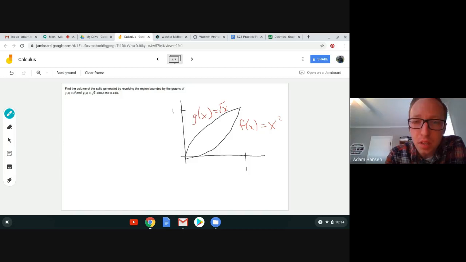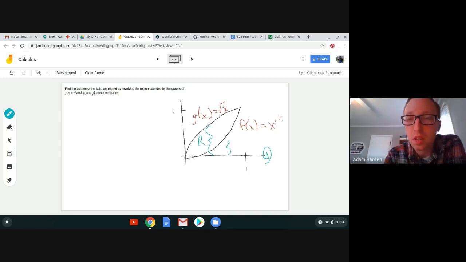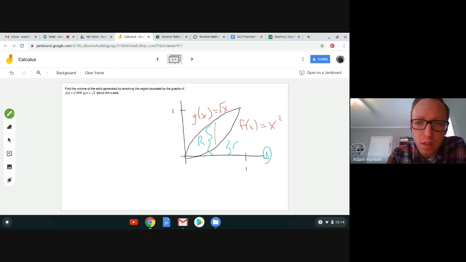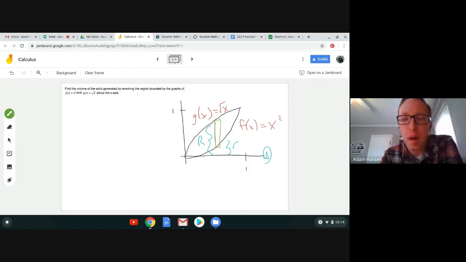The large radius is the distance from the top of the region down to the axis of revolution, and we are rotating around the x-axis, so I will draw that in as best I can over there. The inner radius is the gap region. And we're rotating this rectangular region about the x-axis.